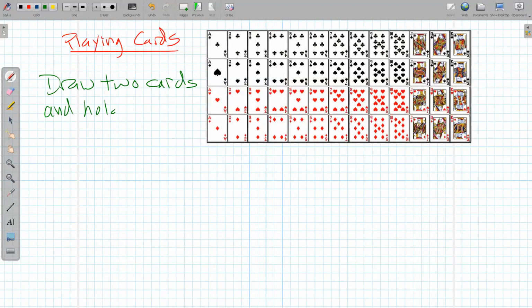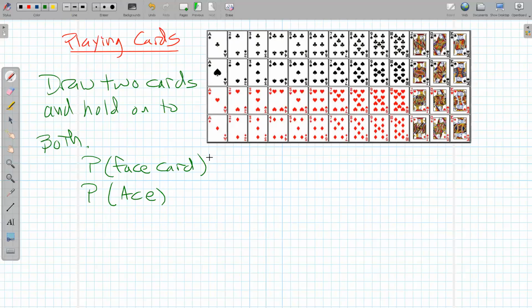So we're not putting the card back in the deck. And let's say we are going to look at the probability of drawing a face card and the probability of drawing an ace.